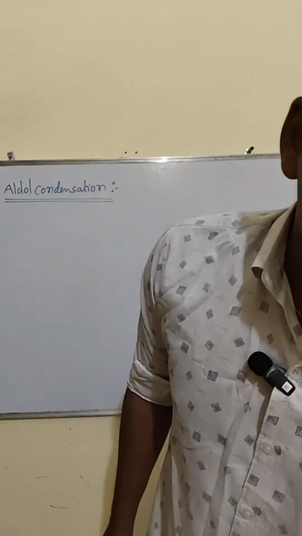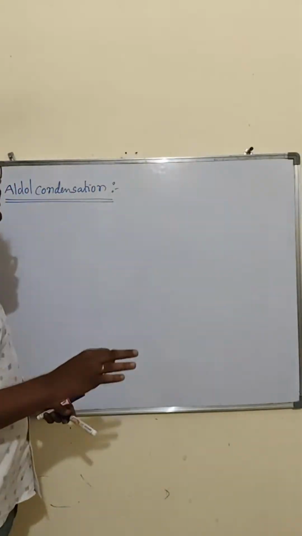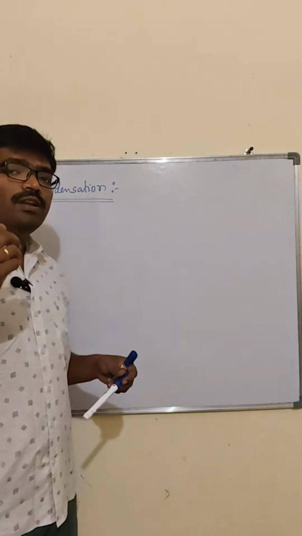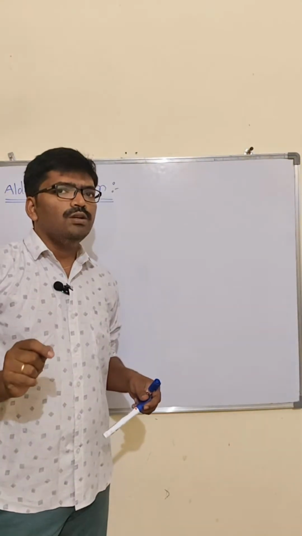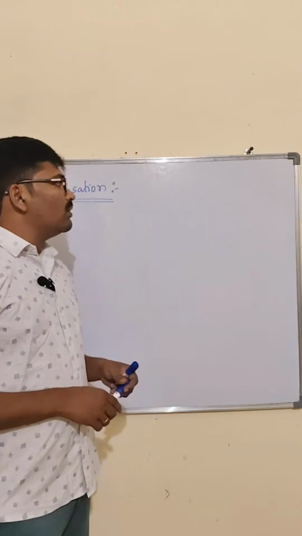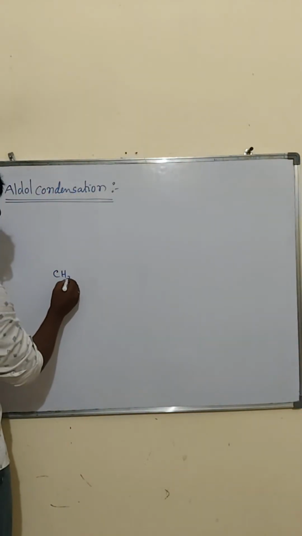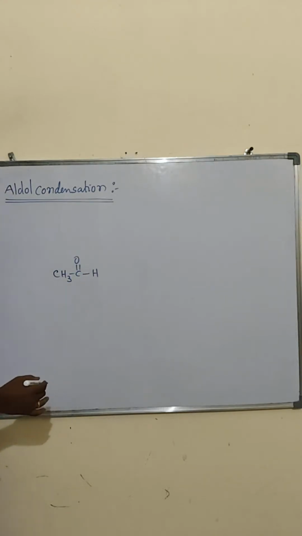So look, my dear students, I told that in aldol condensation, aldehydes or ketones are having at least one alpha hydrogen atom. For example, if you take CH3, then C double bond OH, this is the aldehyde.